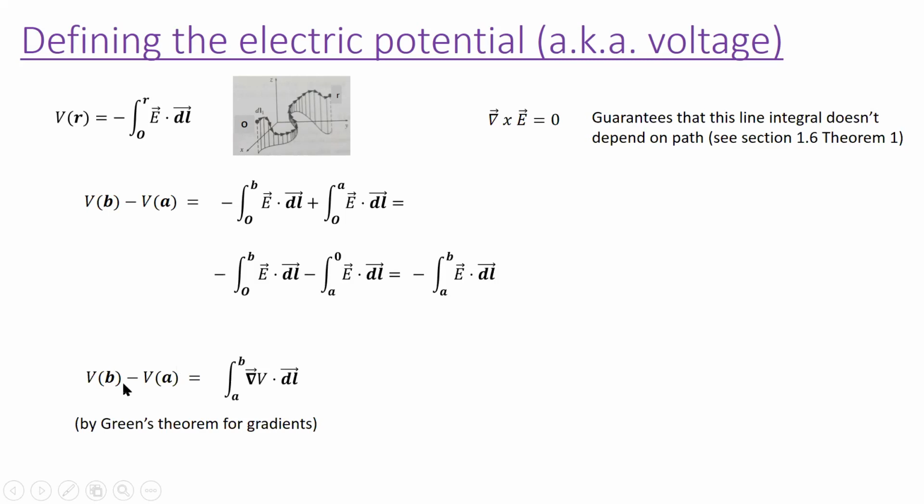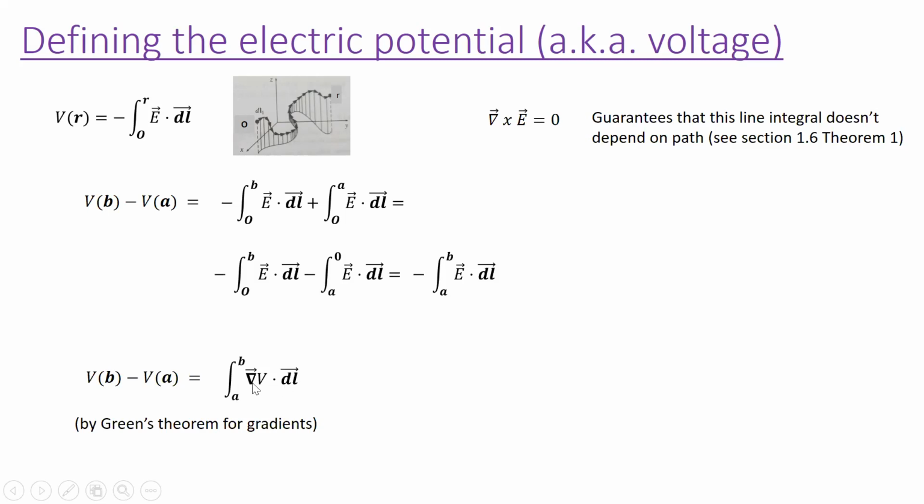But what does Green's theorem tell us about the difference in the value of V at position B and position A? V of B minus V of A is equal to the integral, according to Green's theorem, from A to B between the endpoints of the gradient of V dot dl. If you look back to Green's theorem, that's what it says about any function. It was t back then, but it equally applies to V here.